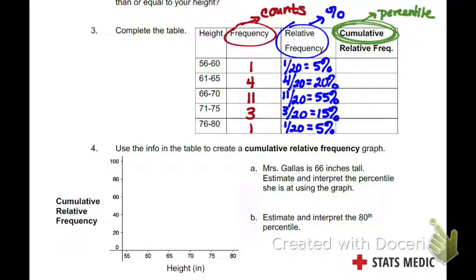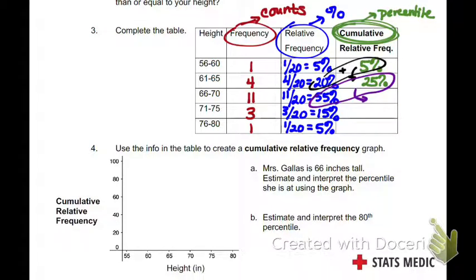When I do the cumulative relative frequency, I am adding as I move down. So this first one is 5%. But to get this next one, now I'm adding these two numbers right here. 25%. And then I take that 25% and I'm going to add it with this one to get this.